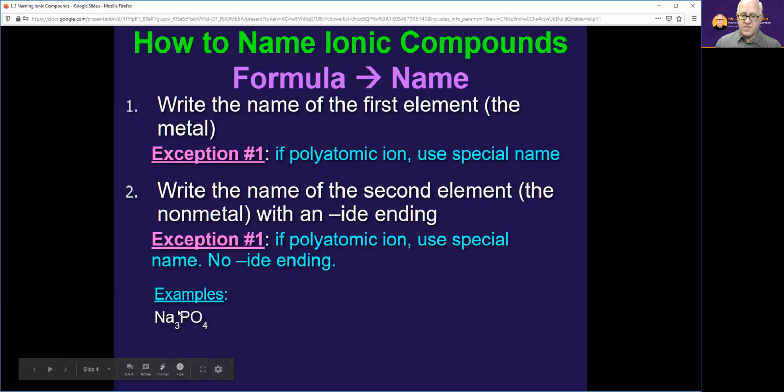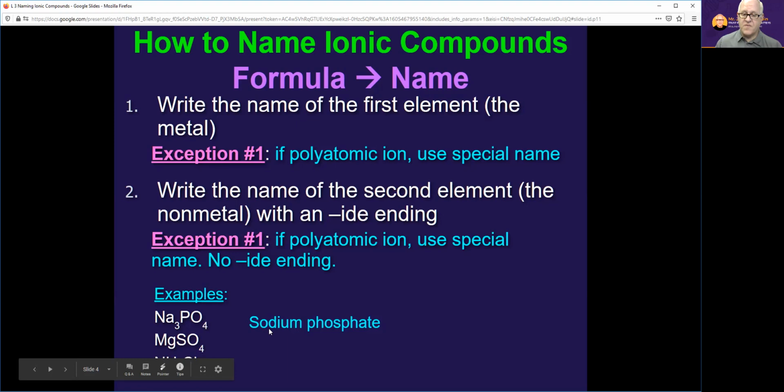So we're going to have to see that this is a polyatomic ion, this PO4. Another one here is MgSO4, magnesium, sulfur, and oxygen. And then we have here NH4Cl.